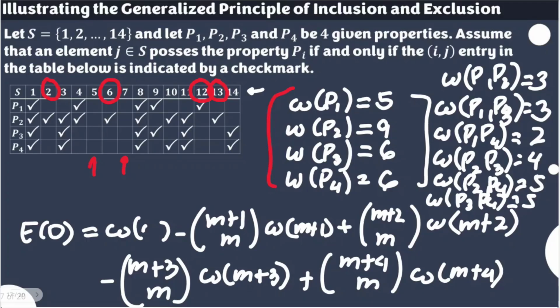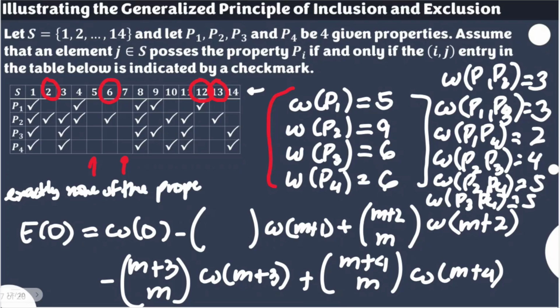So we have the omega of 0. This would become, the next item here again is exactly no properties. None of the properties. So in short, E of 0.